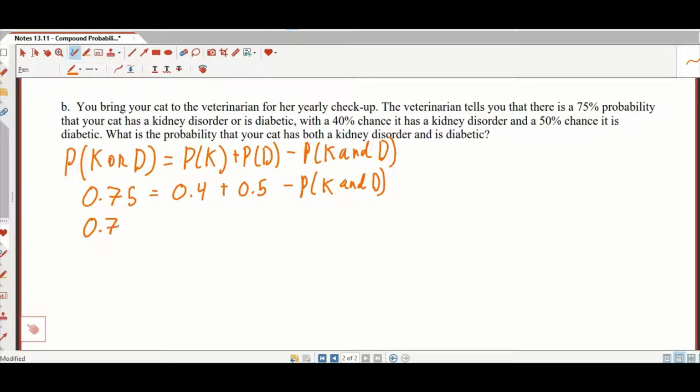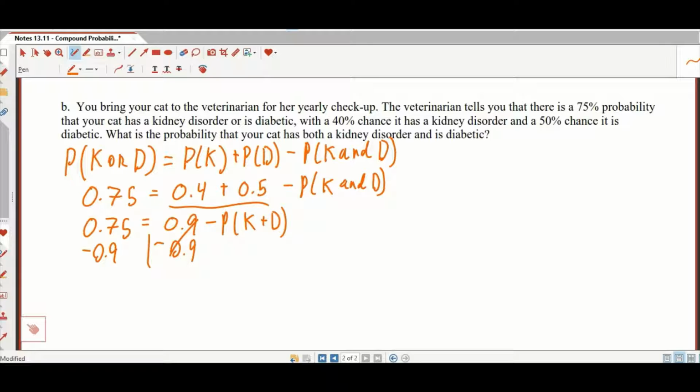So 0.75 is equal to, put those together, 0.9 minus the probability that your kitty has kidney problems and is diabetic. Take away 0.9 from both sides.